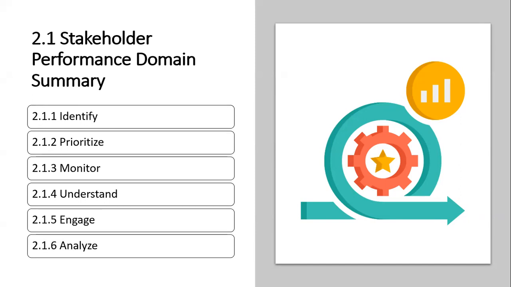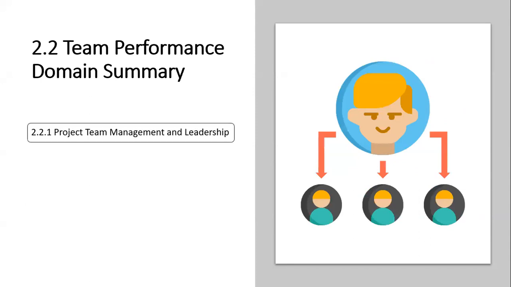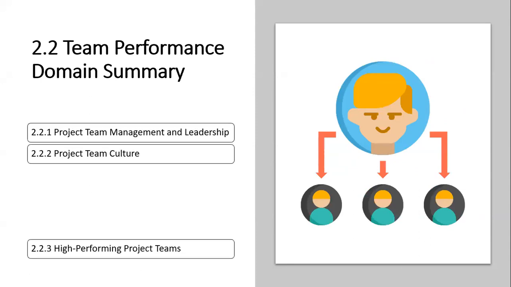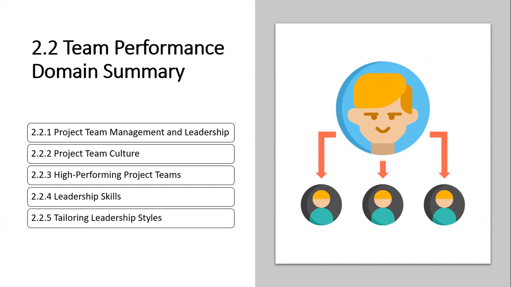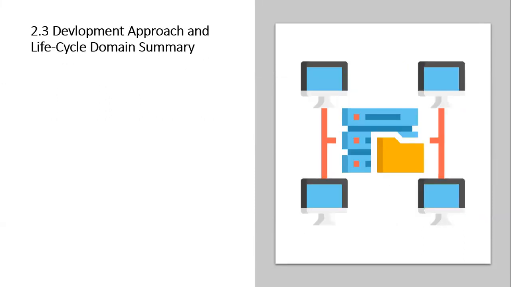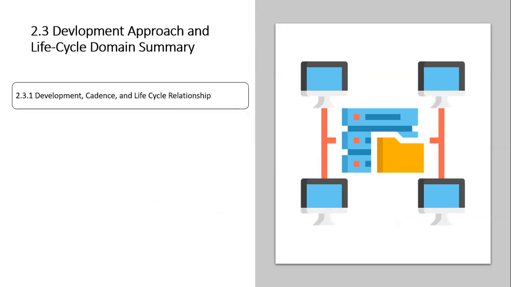Identify, prioritize, monitor them, monitor the engagement, understand them, engage them, and analyze. The team performance domain is all about forming the team, understanding the project team culture that you would like to see, building a high-performing team, employing great leadership skills, and being able to tailor that to the team.